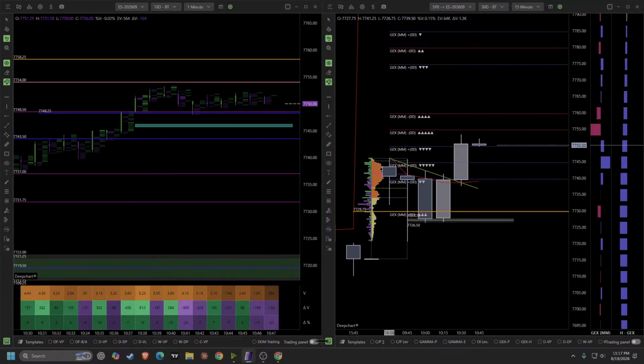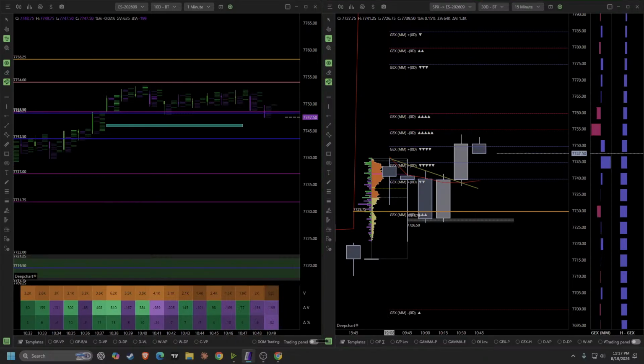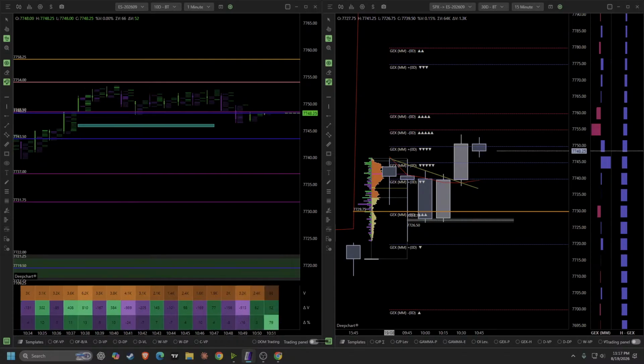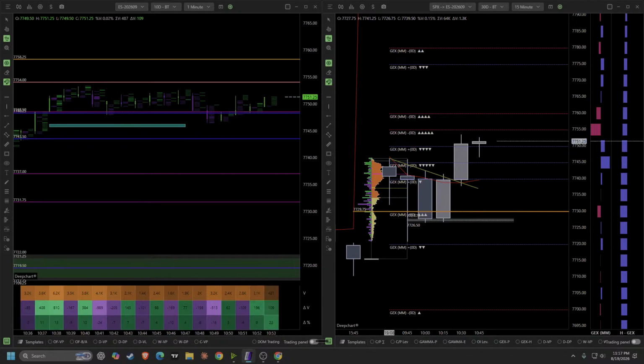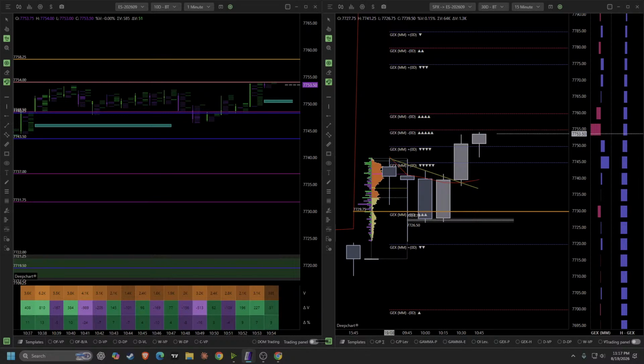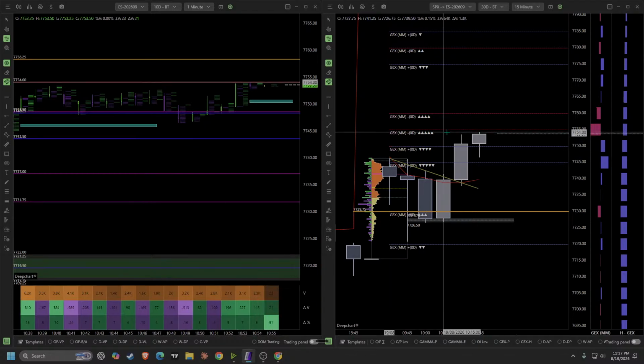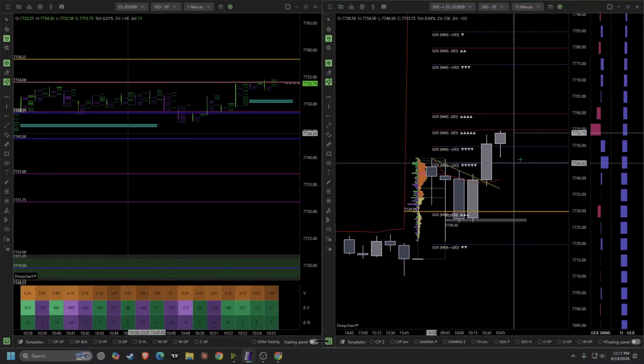Speed up a little more. Again, if we break through this level, we should extend up higher.